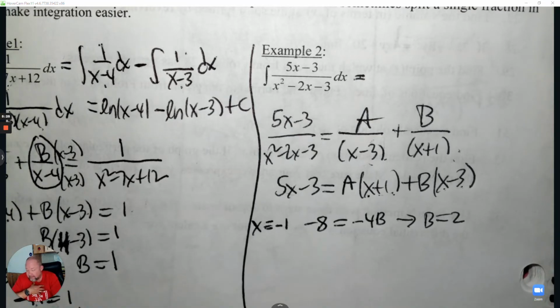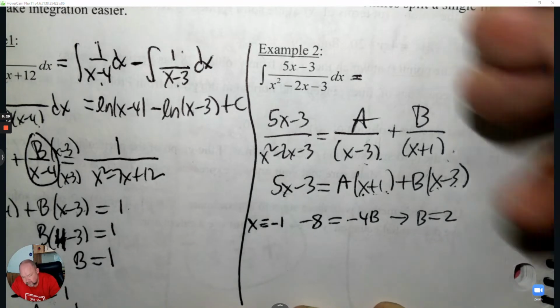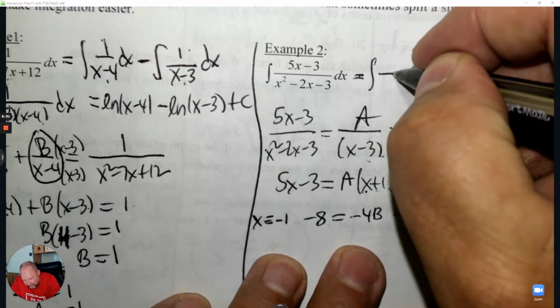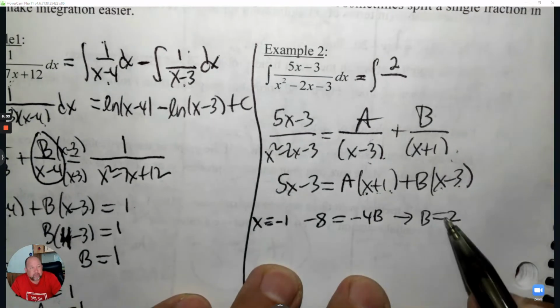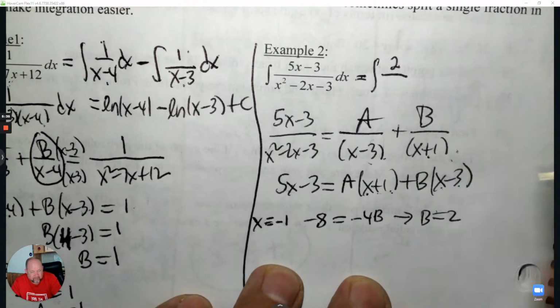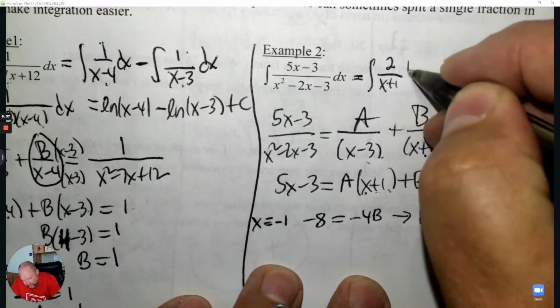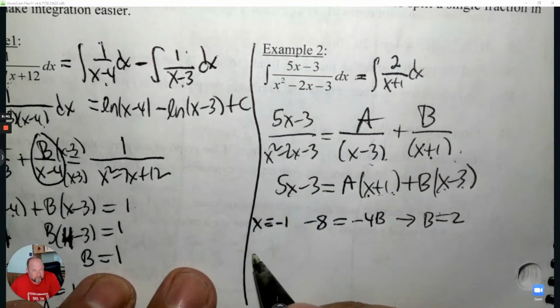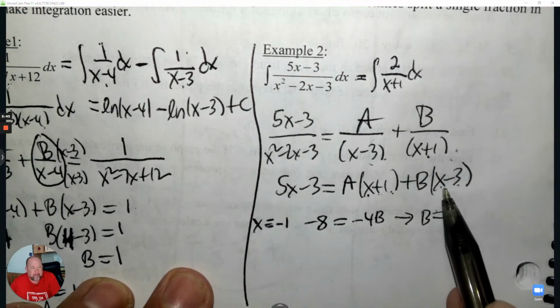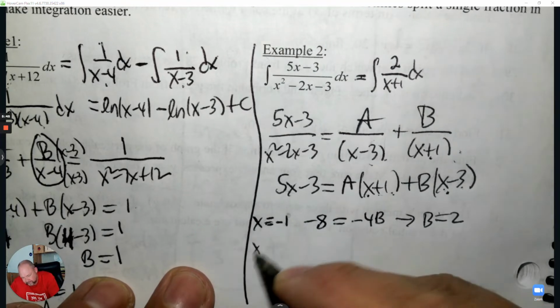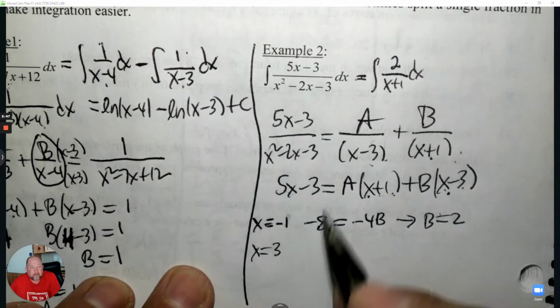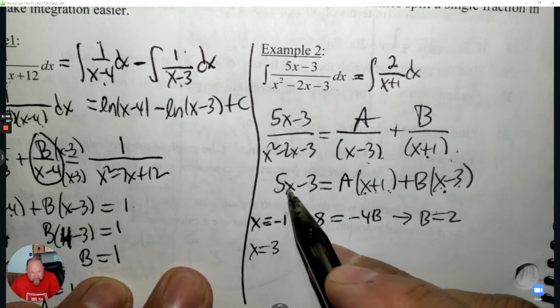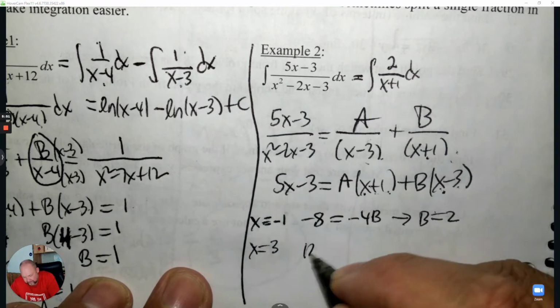So now you have one fraction to work with. So b is 2, and that's over x plus 1. Next, what's the other 0 that I'm going to have? And that would be +3. If I plug in +3, I get 15, take away 3.